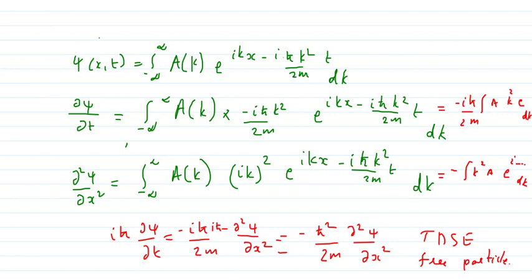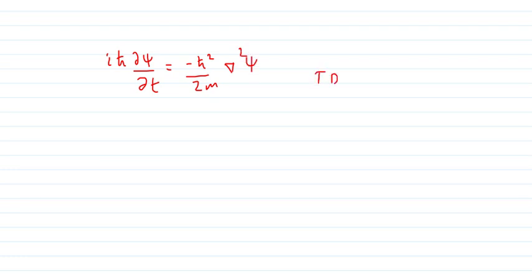So it is i h cut dou psi by dou t is equal to minus h cut square by 2m del square psi. This is the time dependent Schrodinger equation for a free particle in 3 dimensions.